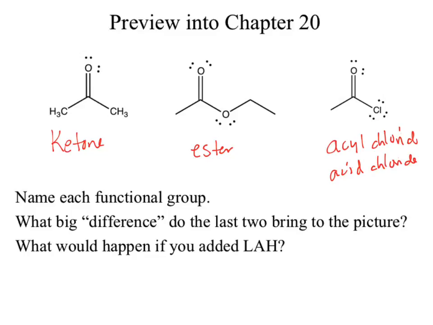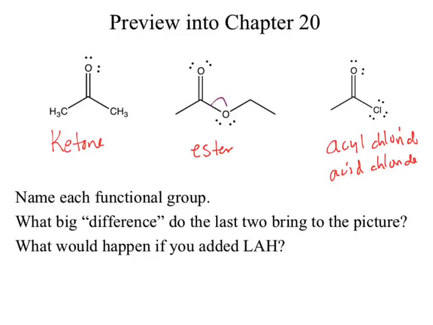What is the big difference that the last two bring into this argument? What is different about those last two from the first one? More induction. Start to reference an inductive effect. We'll find out that's going to be a bit misleading.